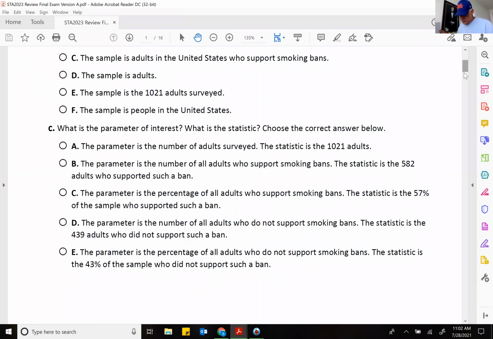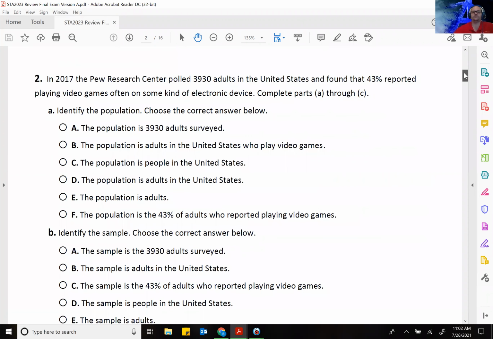Okay. Question 2 is similar again. We're going to do the same thing. In 2017, the Pew Research Center polled 3,930 adults in the United States and found that 43% reported playing video games often on some kind of electronic device. So identify the population.